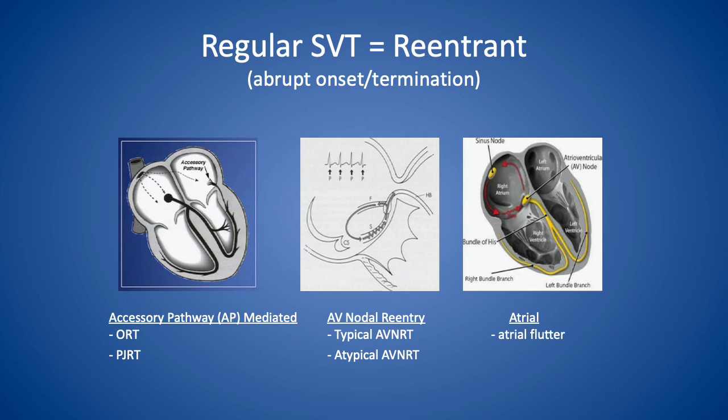That's the classic regular SVT or reentrant tachycardia. This is usually mediated by some sort of circuit or accessory pathway, some sort of reentrant circuit that develops, which causes a tachycardia.